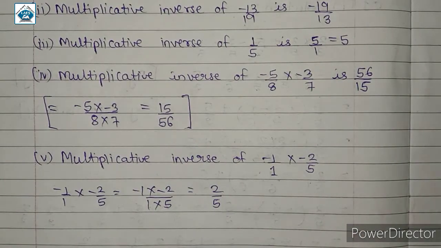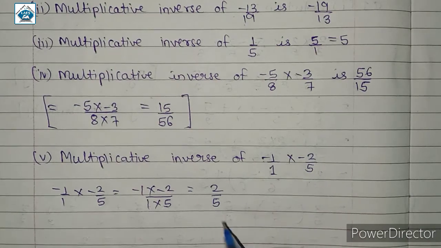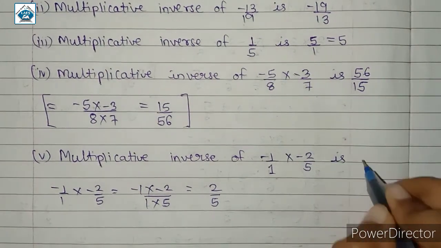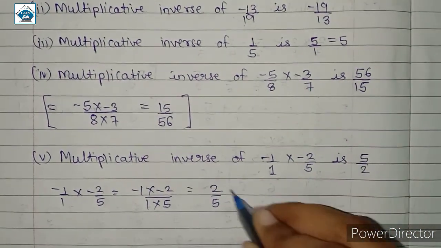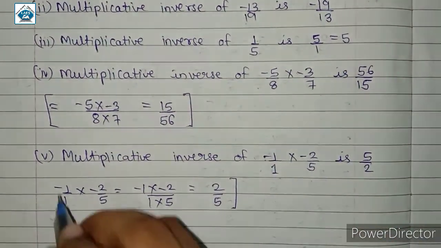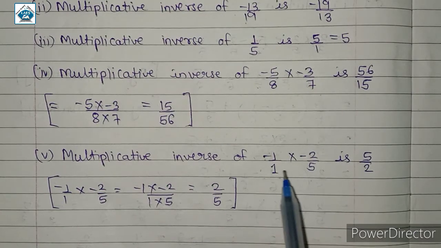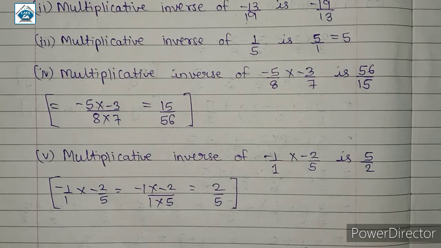So we need to find the multiplicative inverse of 2 by 5. The multiplicative inverse of 2 by 5 is 5 by 2. Simply find the reciprocal. So again, this is the required calculation. The multiplicative inverse of minus 1 multiplied by minus 2 by 5 is 5 by 2.